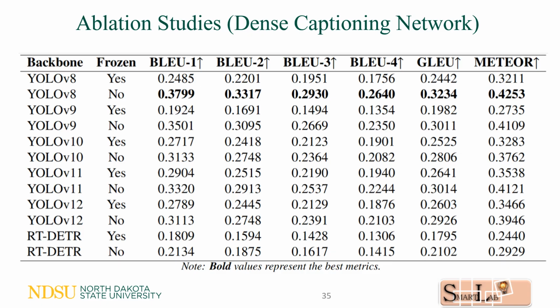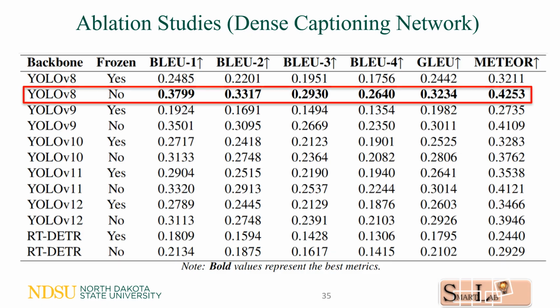Now, the best performance, which is highlighted, comes from YOLO V8 with an unfrozen backbone. That means fine-tuning the backbone leads to higher BLEU-4 and also GLEU and METEOR compared to the frozen variants. But real-time detection transformers, for instance, underperform in this setting, suggesting that not all the detection backbones transfer equally well to dense captioning.